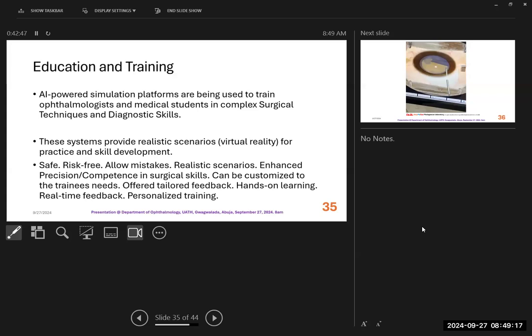They allow the trainee to commit mistakes, which may be very costly in human terms. Then they offer tailored feedback. That's what we call realistic scenarios, enhanced precision and competence in surgical skill. All these things are inbuilt into the simulation platforms.